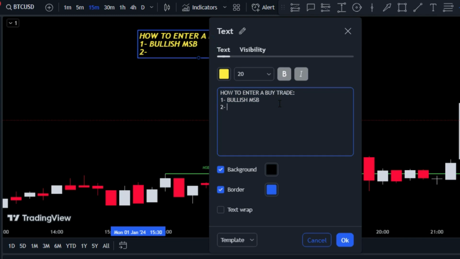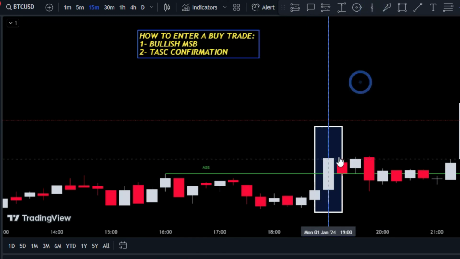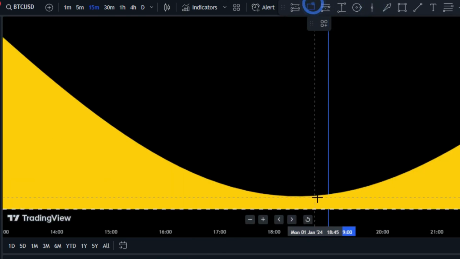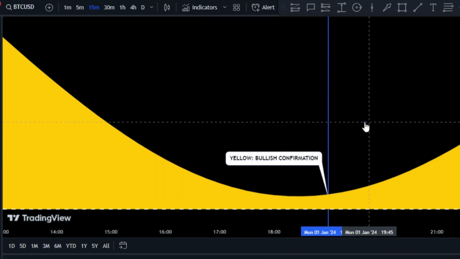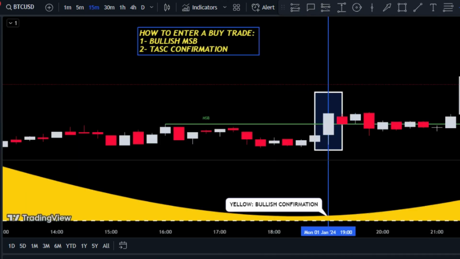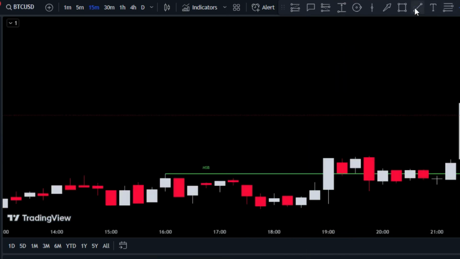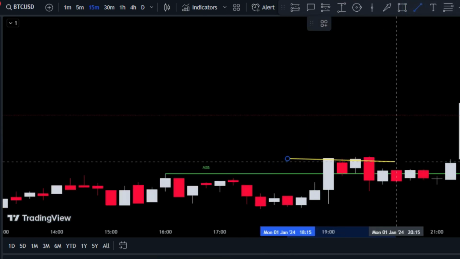Once that occurs, it's crucial to validate the signal with the TASC indicator. If the indicator aligns, you're all set to initiate a long position.